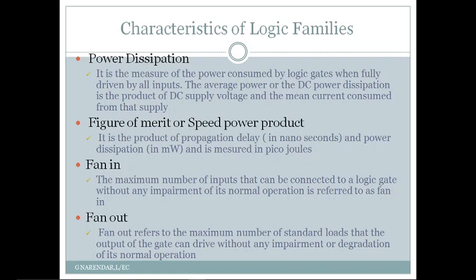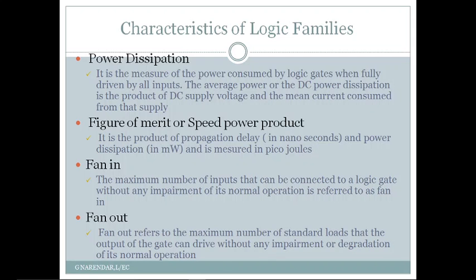Or we calculate the DC power dissipation, and this DC power dissipation is the product of the DC supply voltage that we apply to the logic circuit and the average current consumed from the supply. If you take the product of these two, it will give us the average power or DC power dissipation by the logic gate.